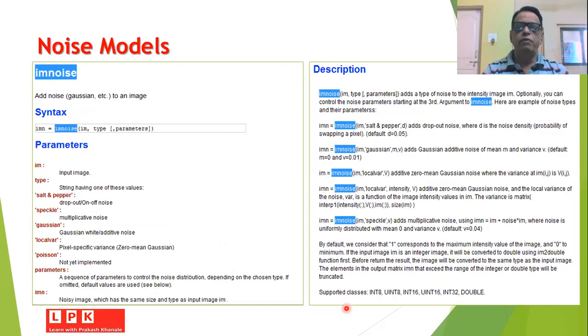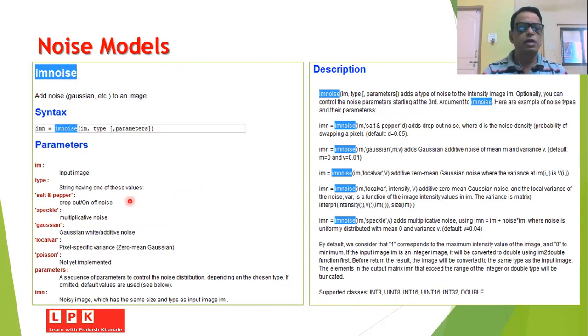Whenever we think of noise models in Scilab or MATLAB, you can add noise to a given image by using the function called imnoise. There are different types of noise that can be added.